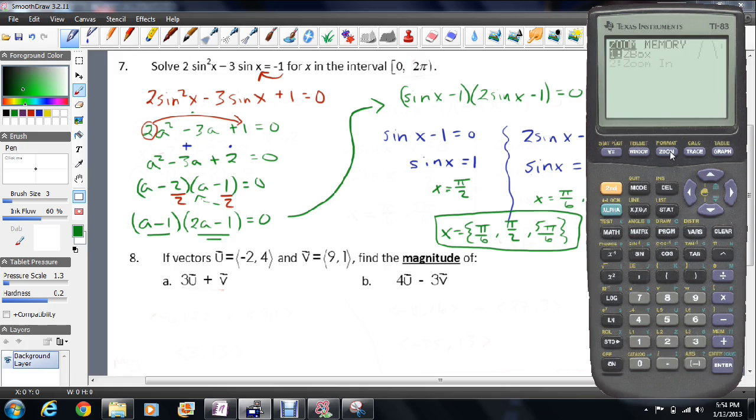So I want to hit zoom box, and then in order to use the zoom box, I'm just going to move the cursor to where I want to start the box, hit enter, and then I'm going to drag a box around what I'm interested in, where the intersections are. Looks pretty good. We hit enter.